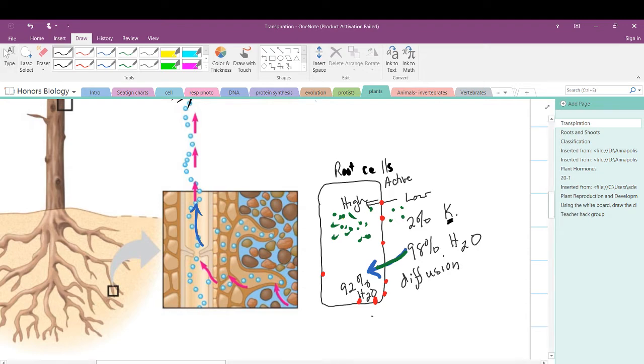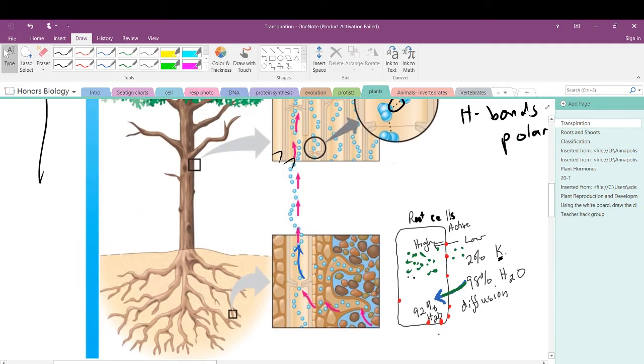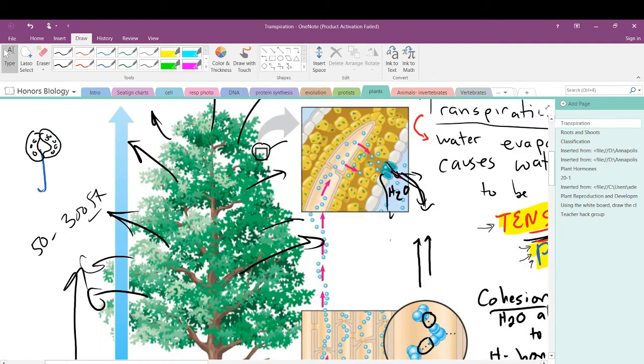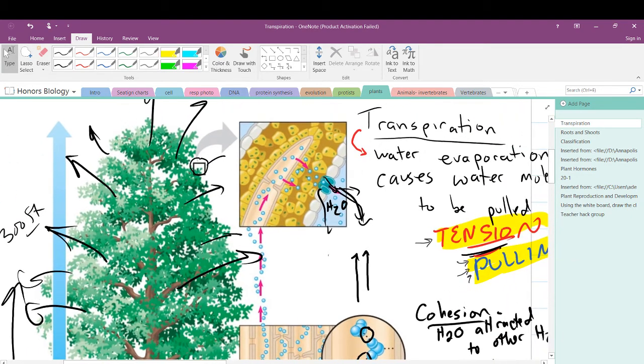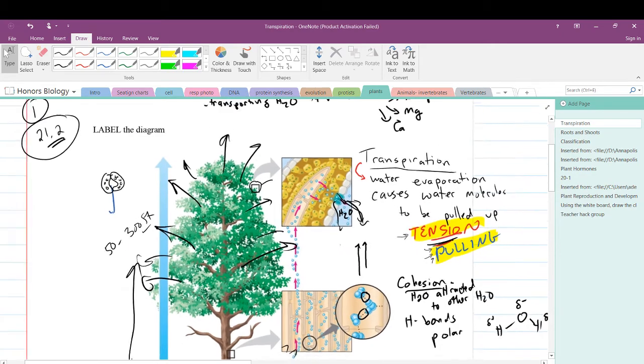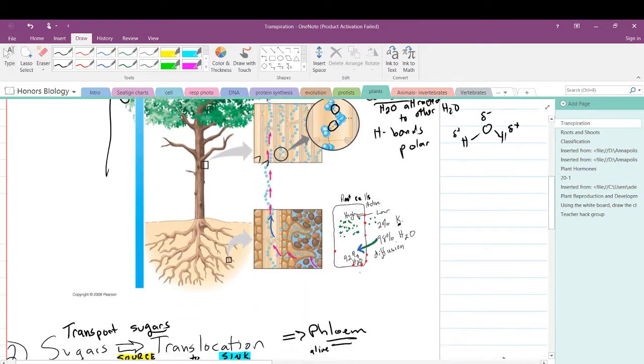If they actively transport the potassium inside, then that means that there is a lower concentration of water inside. So water diffuses in. So they can expend energy down at the roots, but everything else is completely passive. The water is pulling that up from below just through the power of evaporation and cohesion. And it's quite effective. It can be quite fast for the tree.